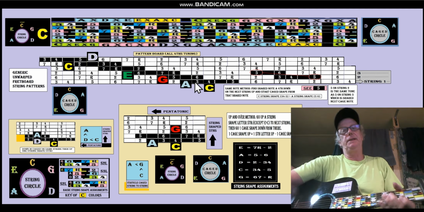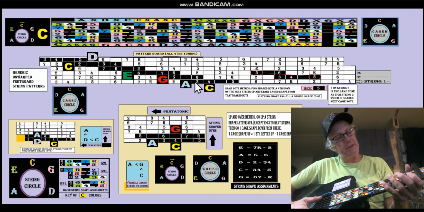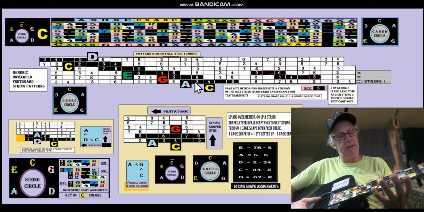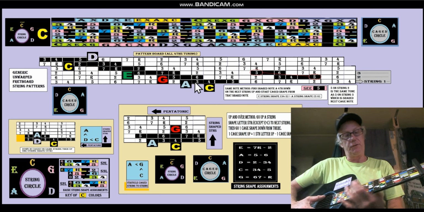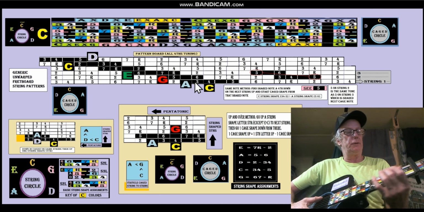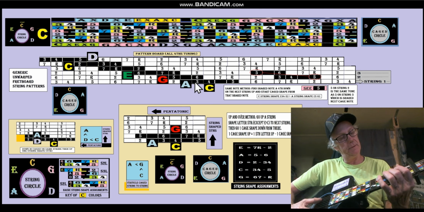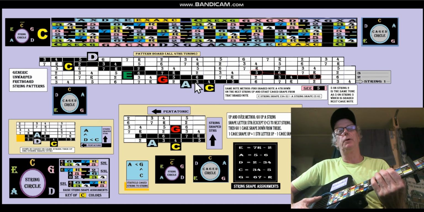So in the patterns, let's say we want to go to the right on the fretboard. So that's going up. So if we're in a C pattern and we want to go up, we're going to go up a 5th from C.